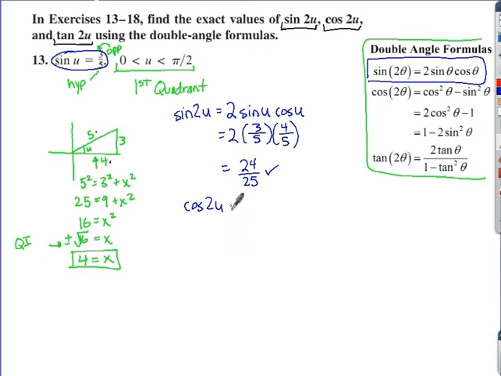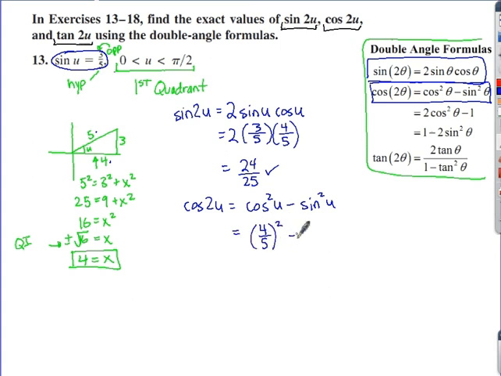Cos 2u equals cos squared u minus sine squared u. That comes from this formula right here. Again, no problem. Cos u, we already said, is 4 over 5, and we square that.